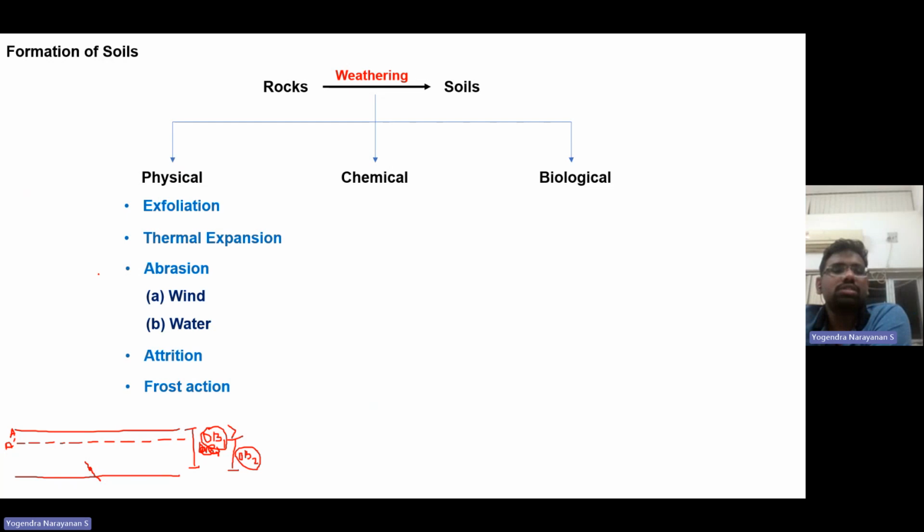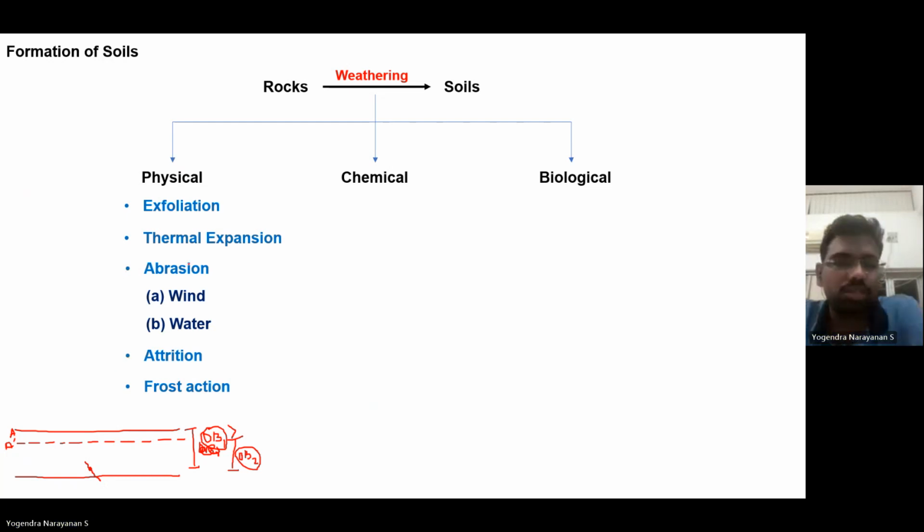This process is known as exfoliation, and these cracks would subsequently enhance due to further removal or various other factors, which would eventually result in disintegration of the parent rocks. So this is exfoliation.